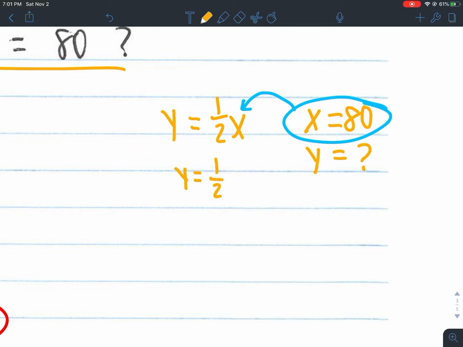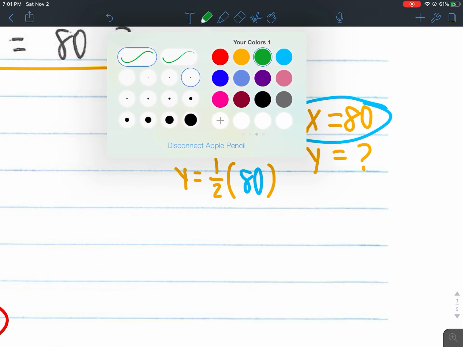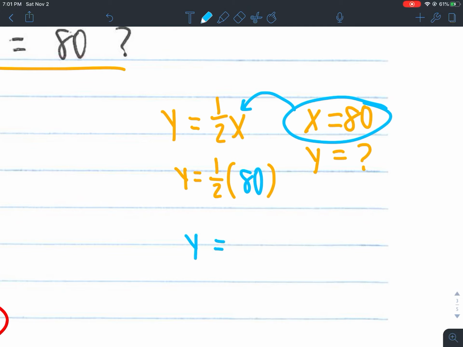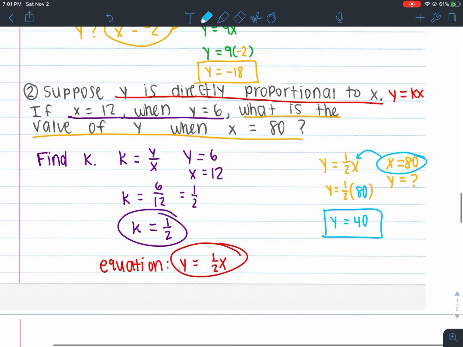So then we would have y equals 1/2 times 80. Because we know that x is equal to 80. So what does y equal? Sorry, I keep changing colors back and forth. Well, y is going to be 1/2 times 80, which is going to be 40. So that's the answer to my question there, y equals 40.